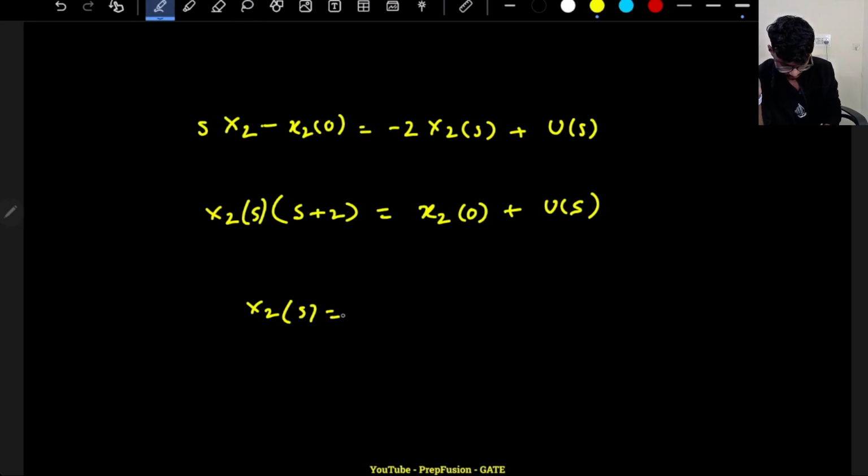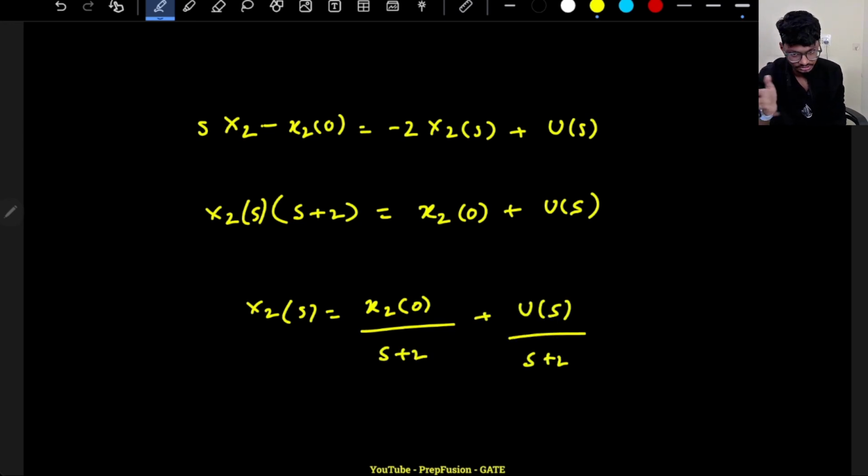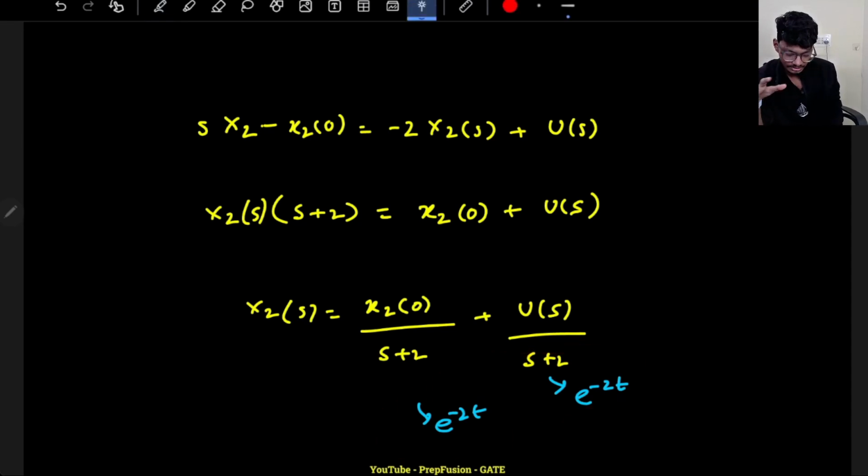So your X2 of s will be x2 of 0 divided by (s plus 2) plus U of s divided by (s plus 2). Now when you take the Laplace inverse, you will get a term e raised to power minus 2t, that will of course make the signal bounded. At t equals infinity this is tending to 0. So that's how the options will be.